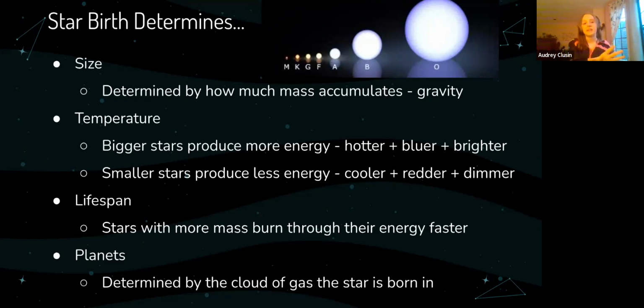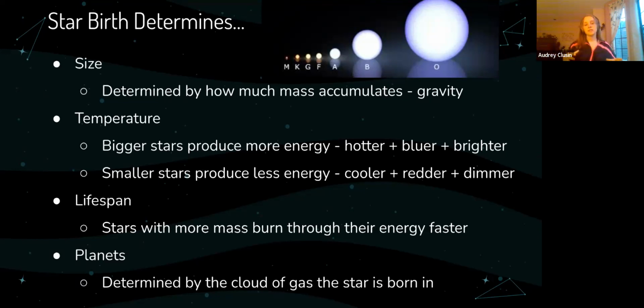So from there, the size of the star is determined. The more mass it has, the more gravity it has. So if a star has a lot of gravity, it's going to pull itself in more. And so that means that sometimes stars that have more mass are actually smaller because they have a higher gravitational force.